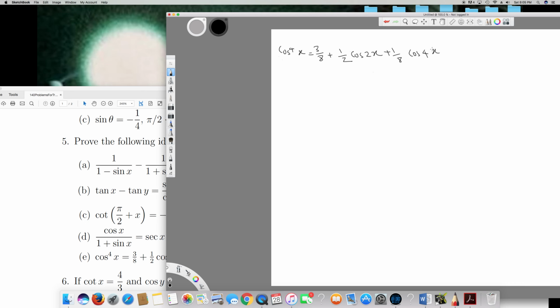Okay, so in this equation we have to prove that the left hand side is equal to the right hand side. Let's see what we can do.